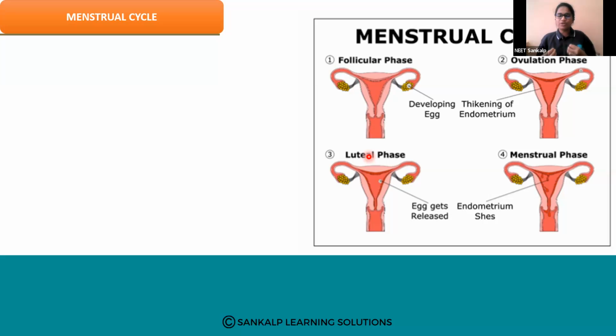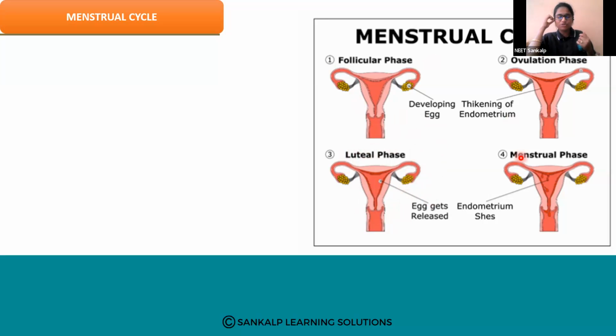You usually feel like eating chocolates, and everyone's cravings are different. That usually happens in the luteal phase because the hormonal level is changing and increasing. After that the menstrual phase occurs.